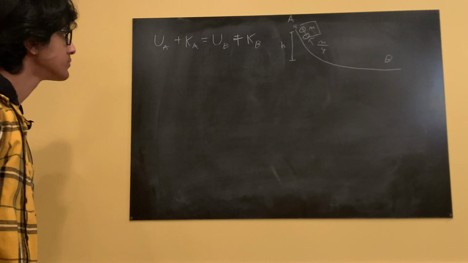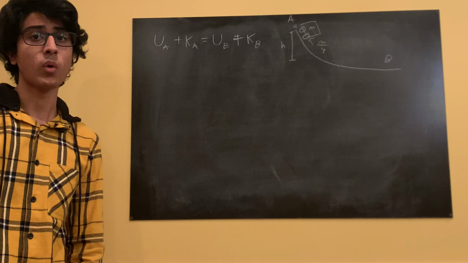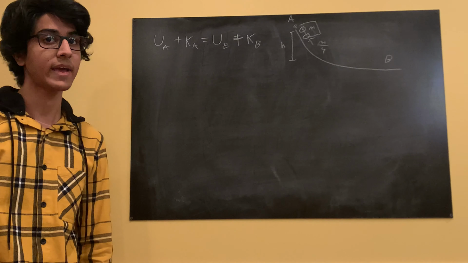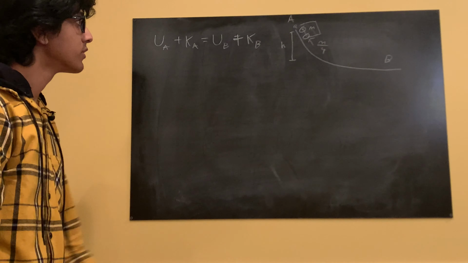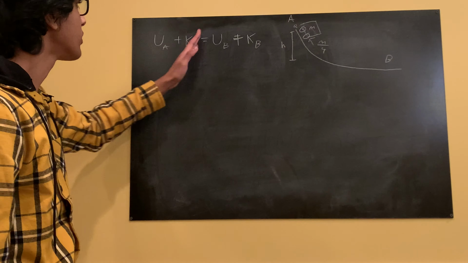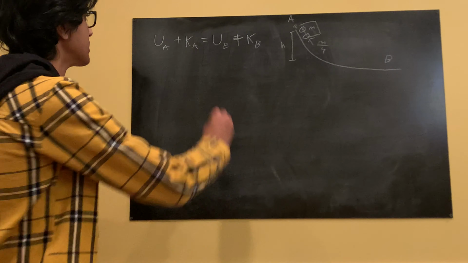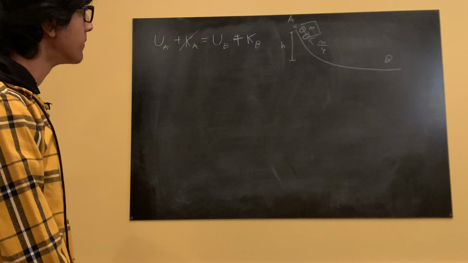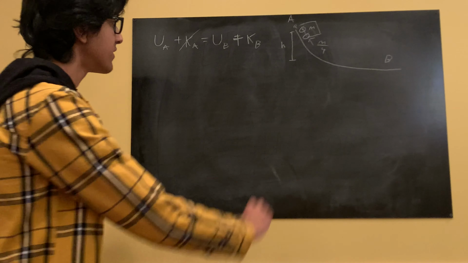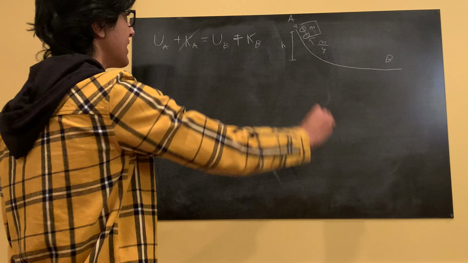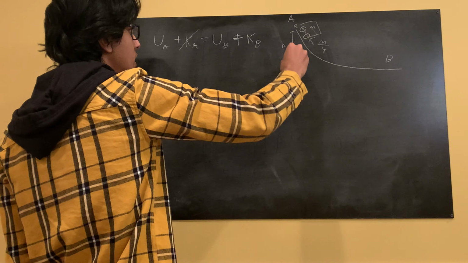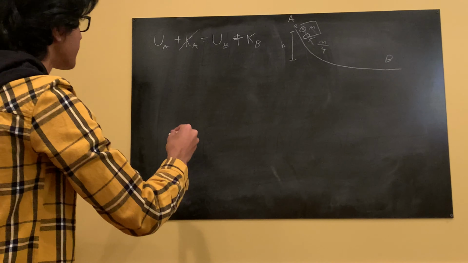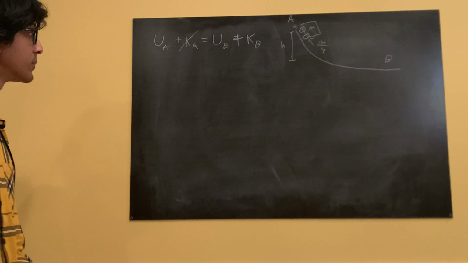Okay, so now let's identify what type of potential and kinetic energies we have at both points. So over here, the object's at rest, so we know that there's no kinetic energy. We can cancel that out. And we set this as our h equals 0 line, so it will have potential energy as h, and that will be gravitational potential energy.